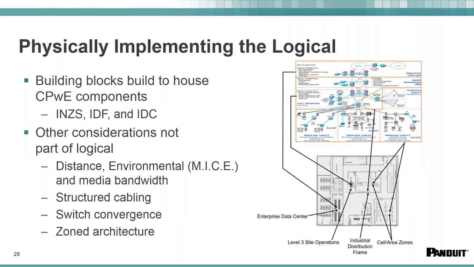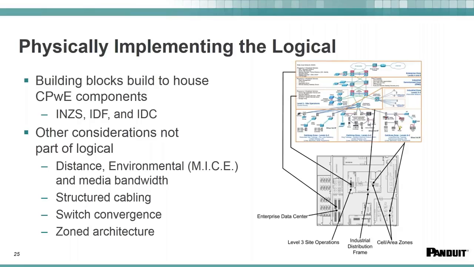And then we'll take those building blocks that we showed through the CPWE model, and create the physical design. Now we'll have to consider some things such as the distances involved, which will dictate the types of media that we'll utilize, and the environmental conditions. Something called MICE, which is an acronym: M is for mechanical, I is for ingress, C is for chemical and climatic, and E is for EMF.